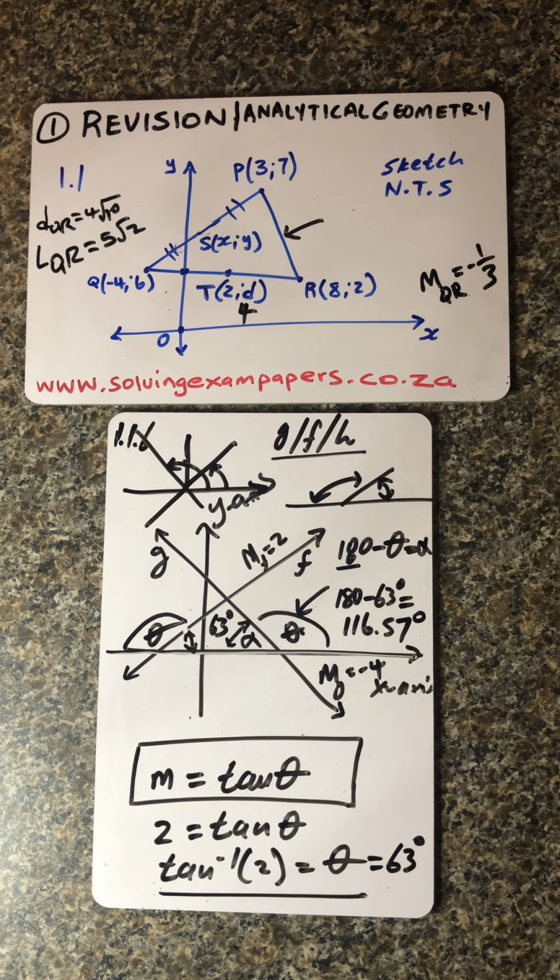On my next lesson, I believe I should be teaching something else, which I encourage you to watch. I'm going to make this lesson available for grade 10s, 11s and 12s. This lesson is actually a revision for grade 12 learners, but I made it suitable for grade 10s, 11s and 12s.